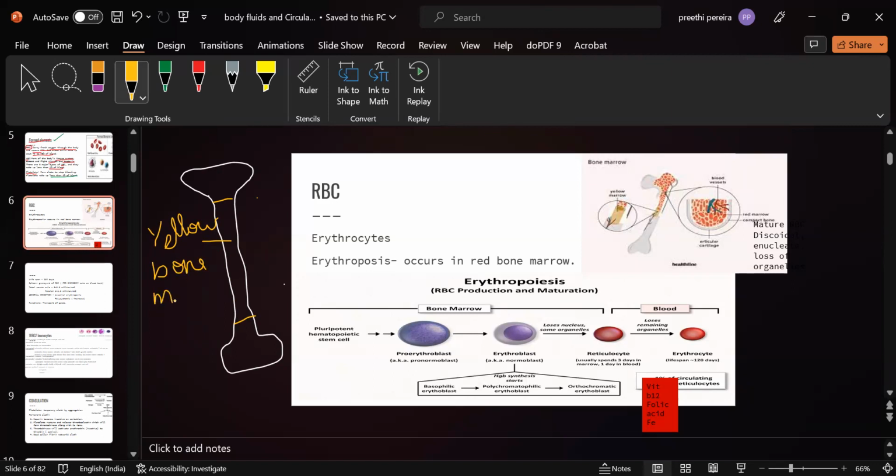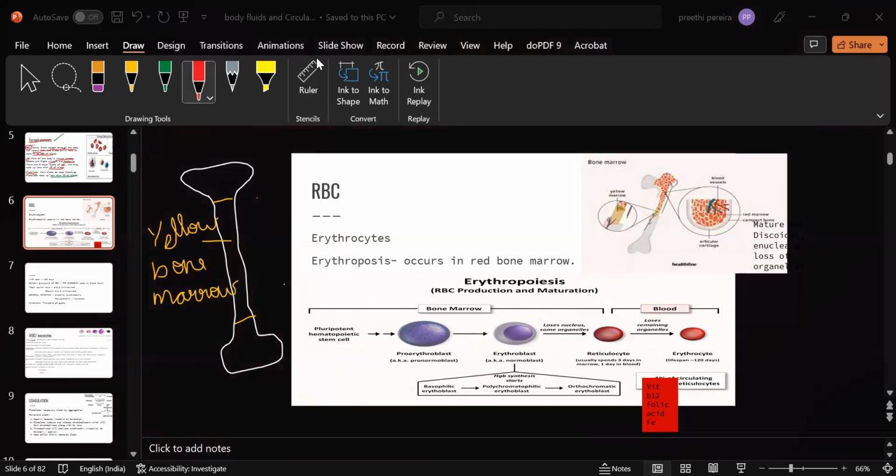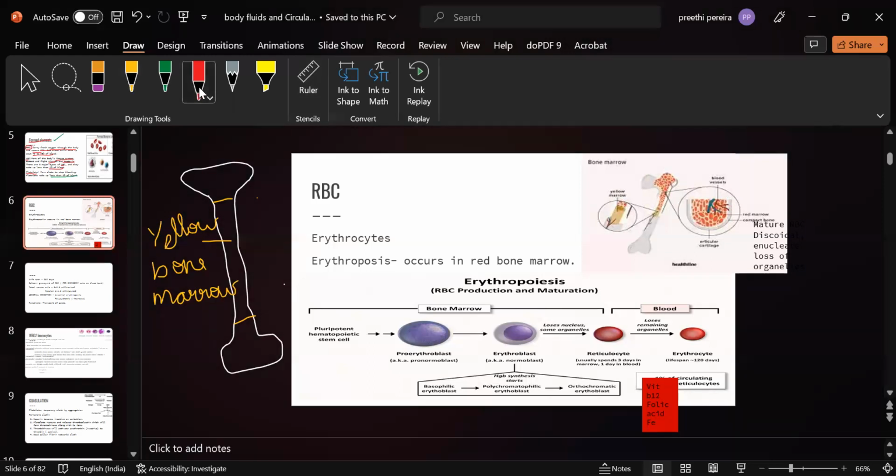Yellow bone marrow, broken bone this is.